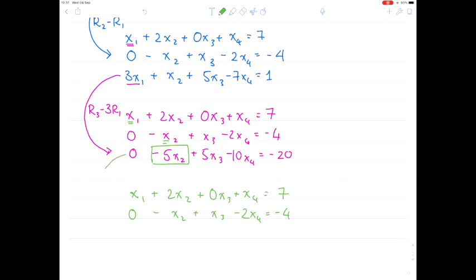And now we're going to say row 3, well, we need to say minus 5 times x2. And that's going to give us 0x1 plus 0x2 plus 0x3 plus 0x4 equals 0.